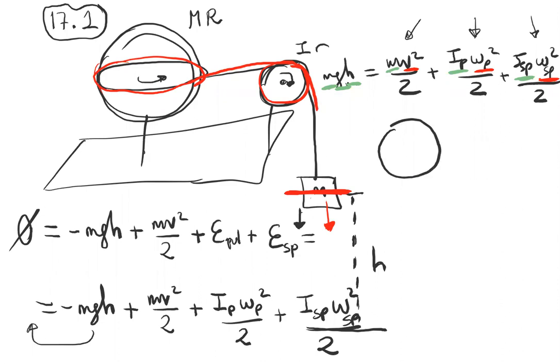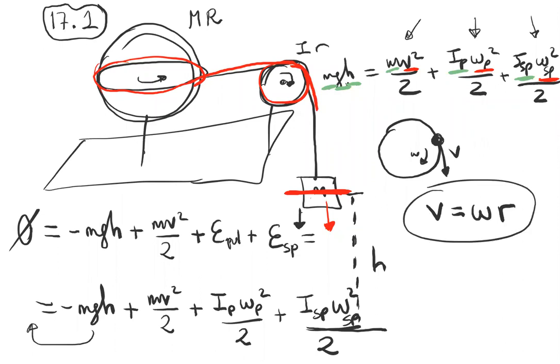So if you have a disk, and if you have a point on this disk, then the linear velocity and the angular velocity of the disk are related by, let me think here, v is equal to omega R. So this is the relationship that you will use to figure out how the angular velocity of the pulley and the sphere are related to the velocity of the box.